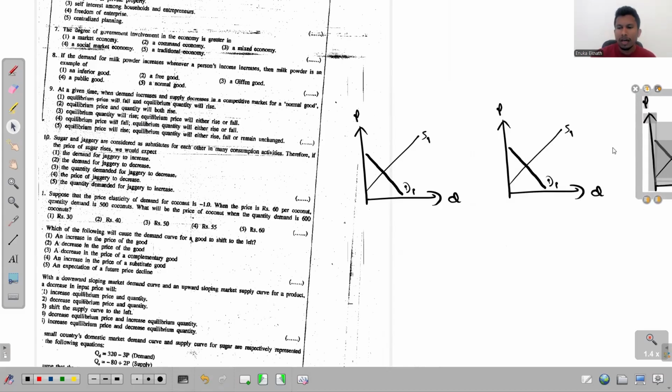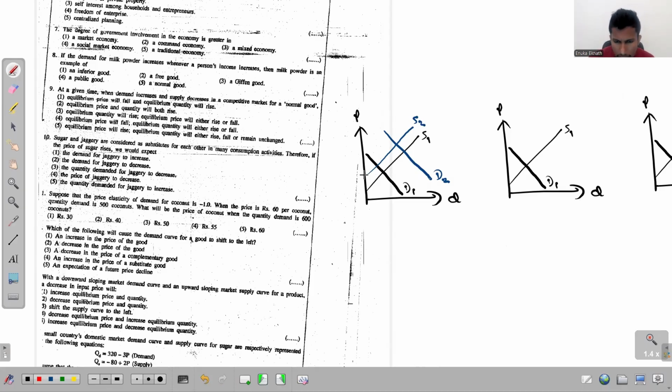Now, what's going to happen in this economy? The demand increases and the supply decreases. So this is the increase in demand, and the supply decreases so that the supply curve gets shifted to the left side.